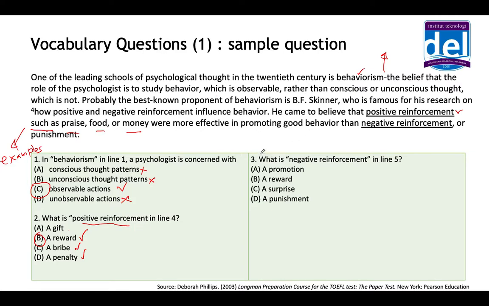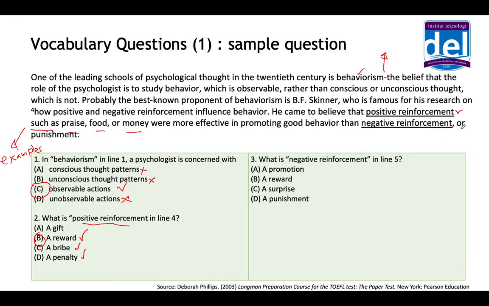And now let's look at the last question. What is negative reinforcement in line 5? This is like the opposite of positive reinforcement. The options say a promotion, a reward, a surprise, and a punishment. What we can look at here is the structural clue.